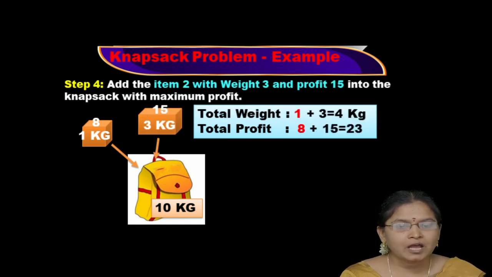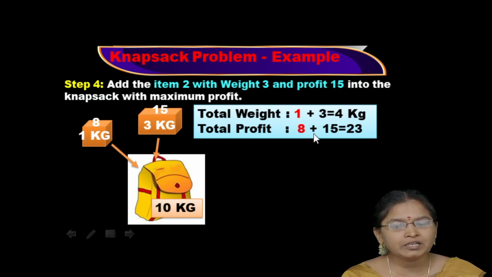Next, add item 2 with the weight of 3 and the profit of 15 into the knapsack. Already we have the weight as 1, so adding this will result in 4 kg. So the total weight is 4 kg. Already we have the profit as 8, so adding 15 we get a total profit of 23.